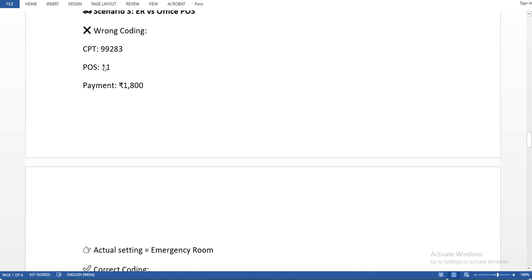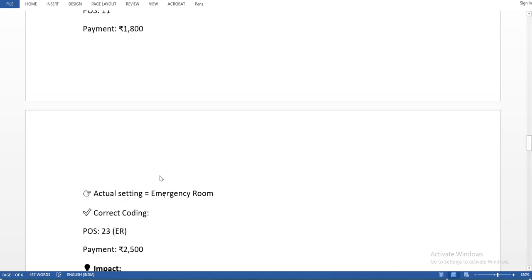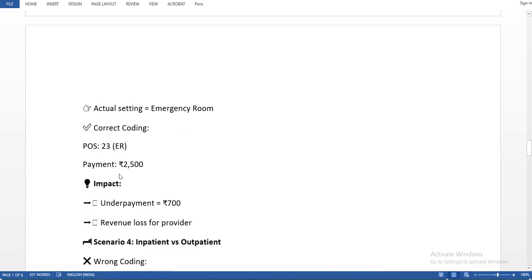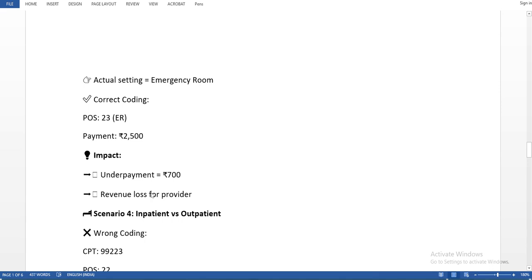Instead of 11, the coder needed to put 23, as 99283 is completely related to emergency department evaluation and management coding. So what happened here? If you append 23 as the place of service, the hospital will get $2,500. But the impact is that the ER visit is underpaid by $700. Here there is a revenue loss for the provider. That is the importance of POS.